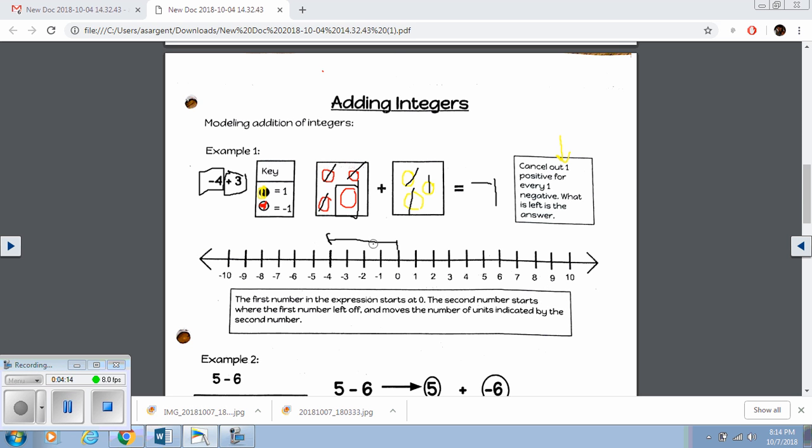Then the second number starts where the first number left off and moves the number of units indicated by the second number. So I'm not going to +3 this time, I'm just moving 3 units to the right since 3 is positive. And then where the second arrow stops is your answer, and my second arrow has stopped right here at -1.